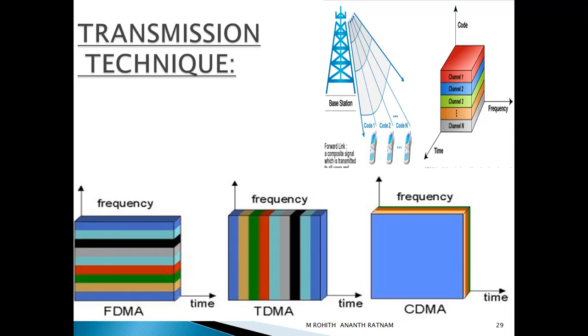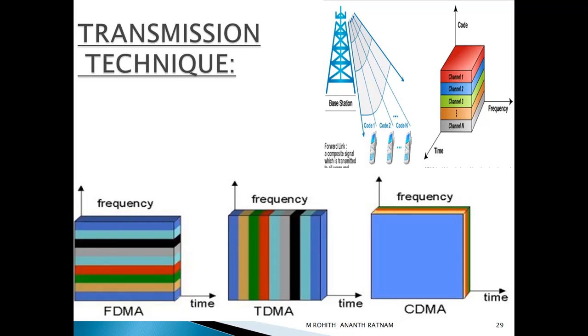So frequency division multiplexing, time division multiplexing, and code division multiplexing. Guys, in frequency division multiplexing, what happens? The frequency will be divided and transmitted. In time division, the frequency will be the same, but time is allotted to different systems in different ways. In CDMA, the frequency and time will not be divided.